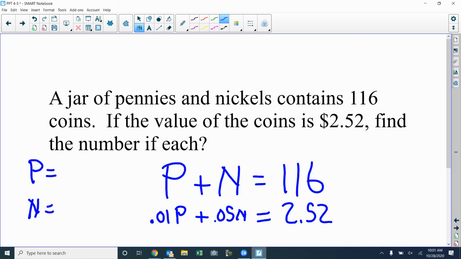They have to add up to be what? 116. 82 pennies and 34 nickels. That is correct. See if you can get that.